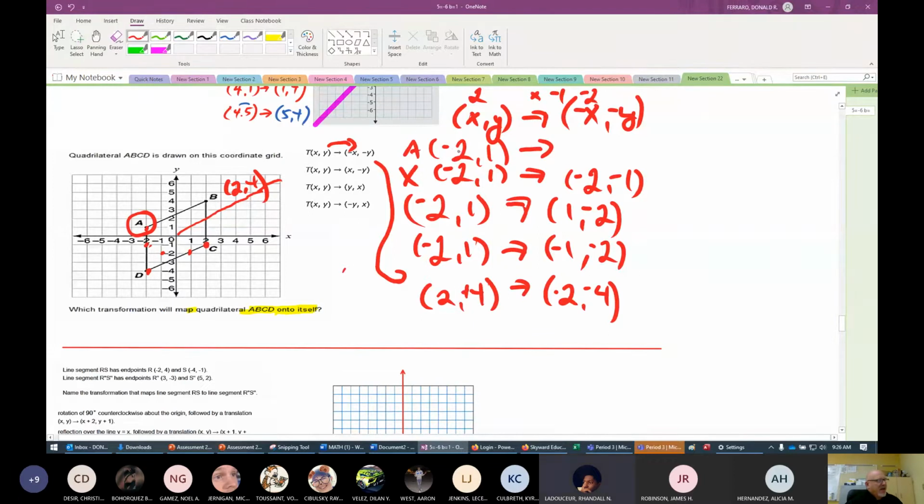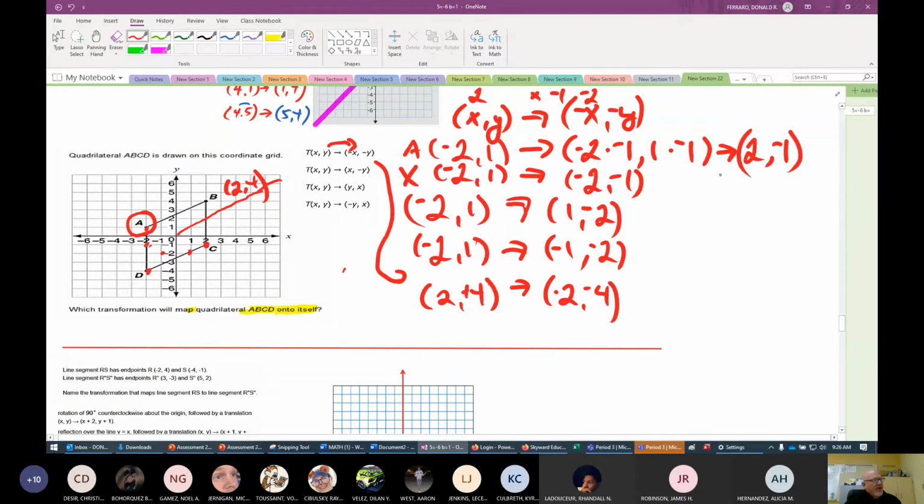I would just multiply that times -1, and that would give me -2. So in this case, we've got -2 times -1 for my x coordinate, and then I've got 1 times -1. -2 times -1 would be 2, and 1 times -1 would be -1.